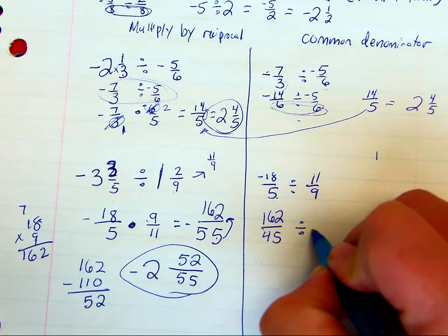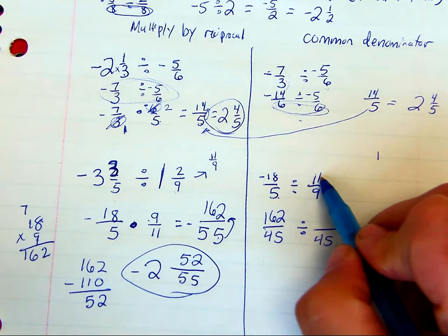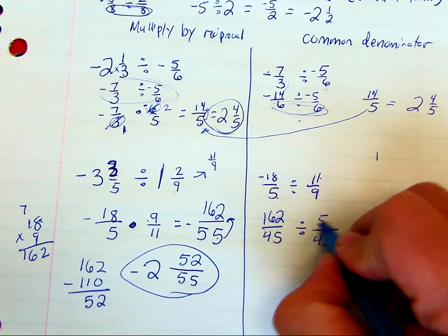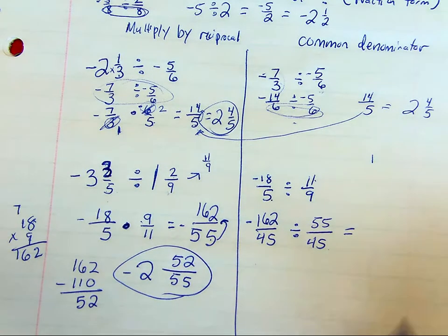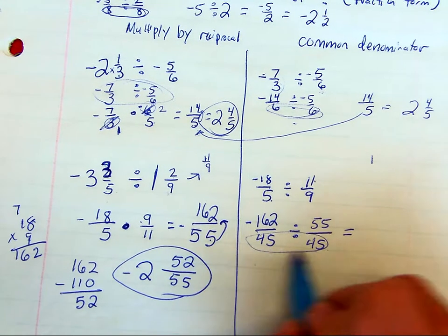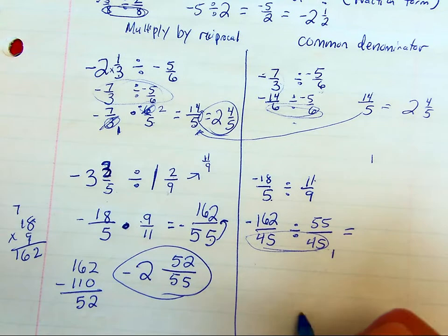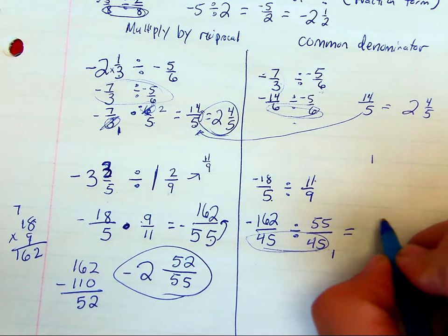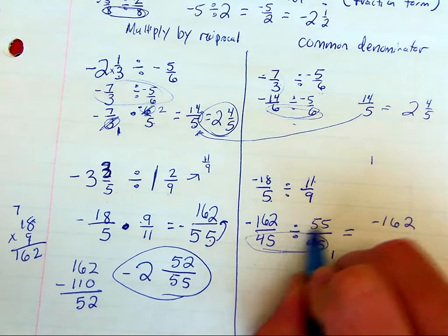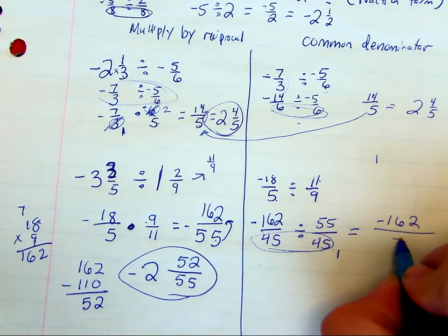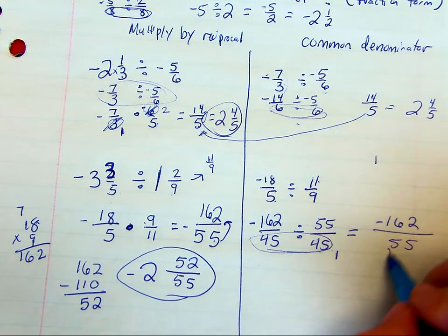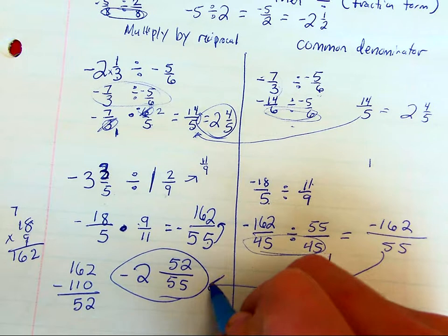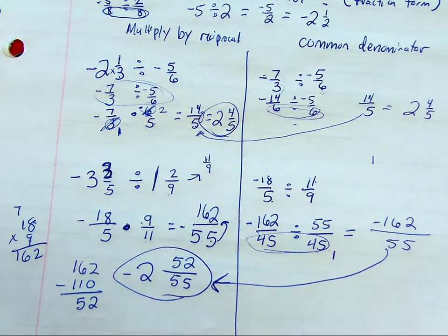And then this is a 45. 11 times 5 is going to be 55. That's a negative number, sorry. And then, again, this part is going to equal 1. So negative 162 divided by 55, well, that's negative 162 over 55. And then we already know that's going to equal that answer. So you can do it either way, it's fine.